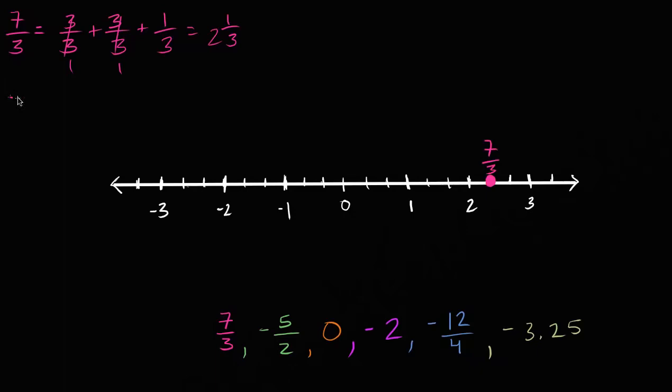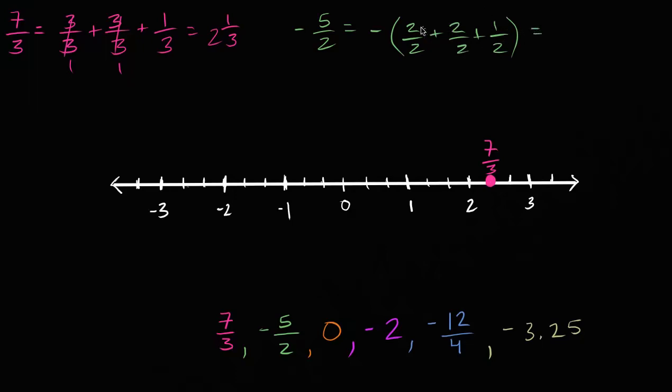Then we have -5/2. So same logic. Negative, let me do that in that green color. So I can do it over here. -5/2. Well, that's the same thing as the negative of 5/2. And 5/2 is going to be 2/2 plus another 2/2 plus 1/2. So this is 2 and a half. This is 1, and that's a half.